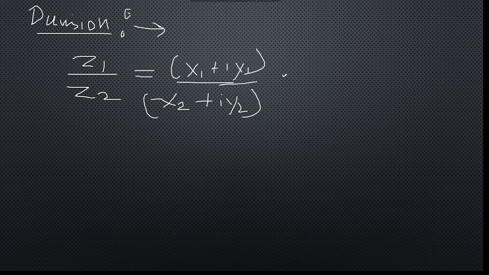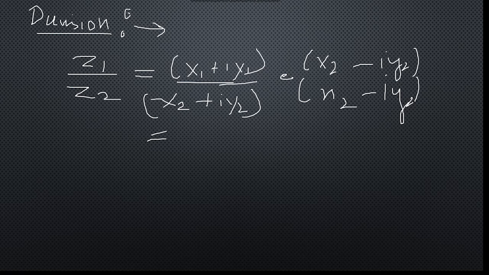What we do in irrational numbers, similarly, we will multiply by x2 minus iota y2 to eradicate the iota in the denominator, because we know that iota square is equal to minus 1.